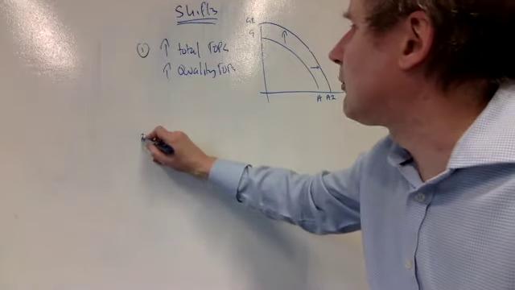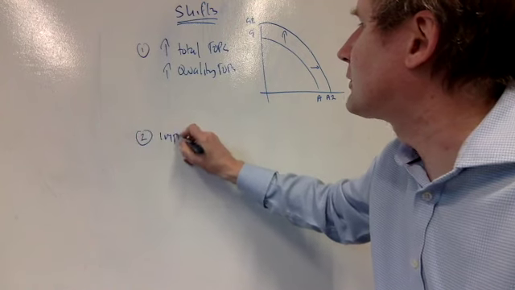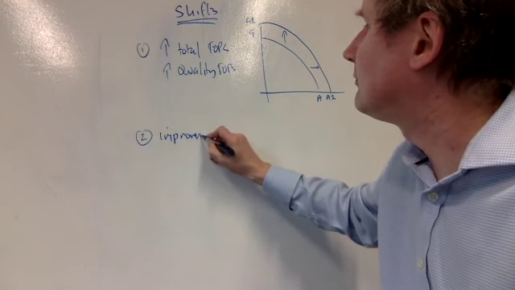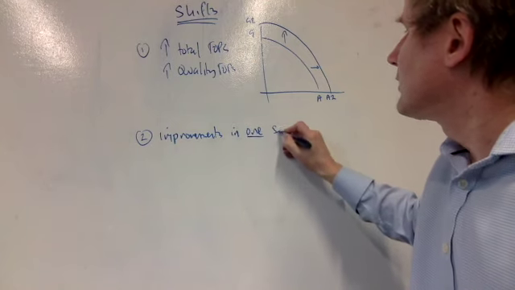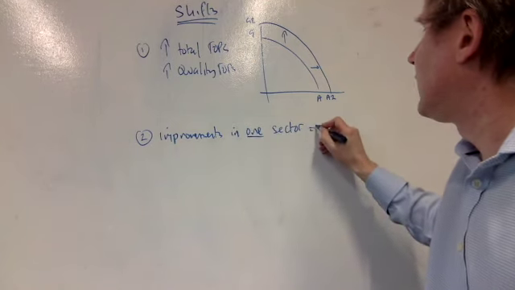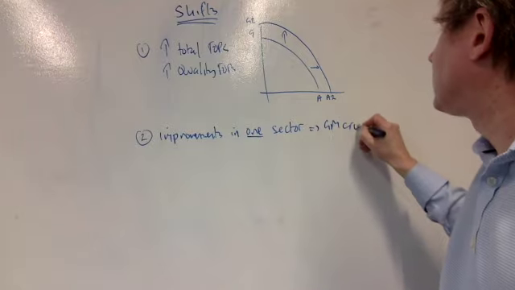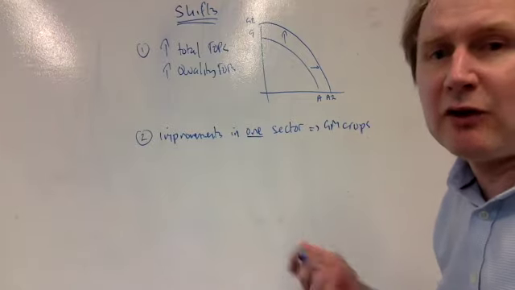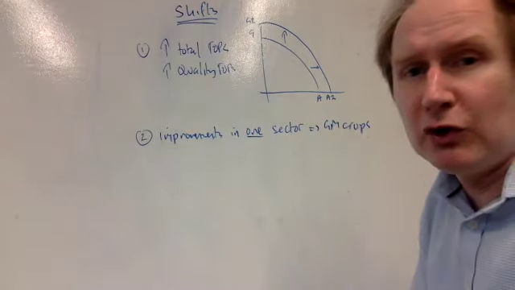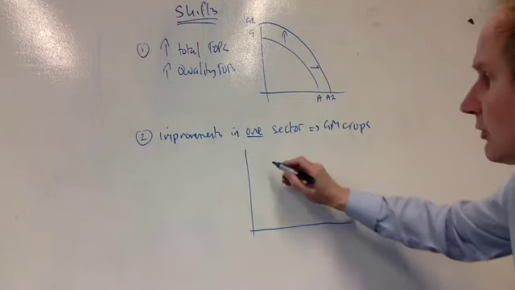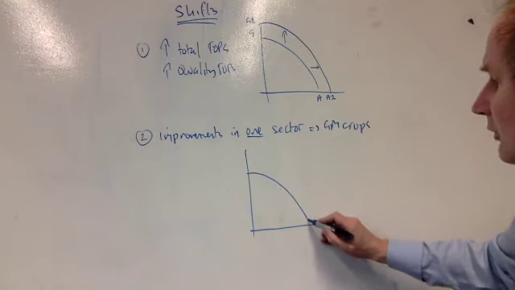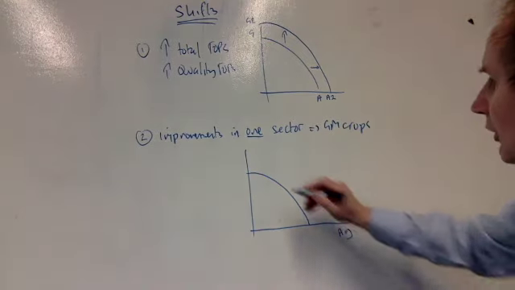Or secondly, sometimes we get improvements in one sector. So suppose we develop genetically modified crops. Then obviously that won't help us produce any more goods, but it would allow us to have more food. So what would happen in those circumstances is that that's agriculture and that's goods.